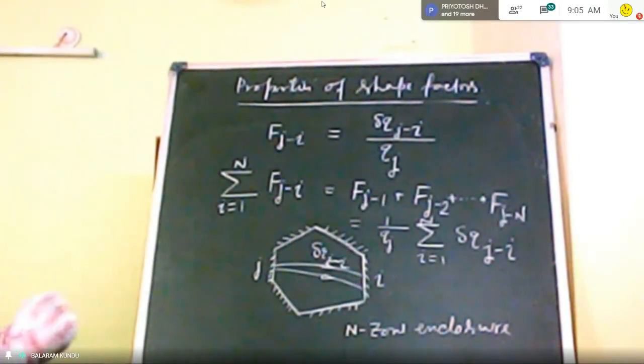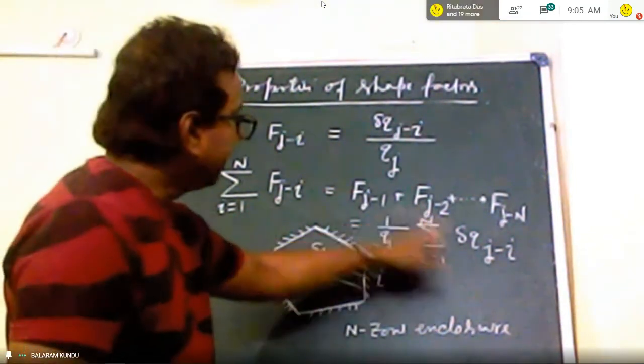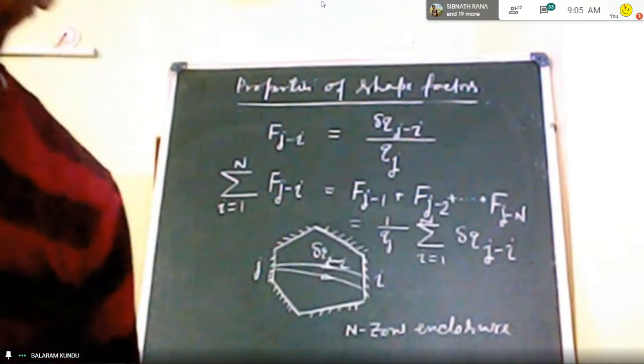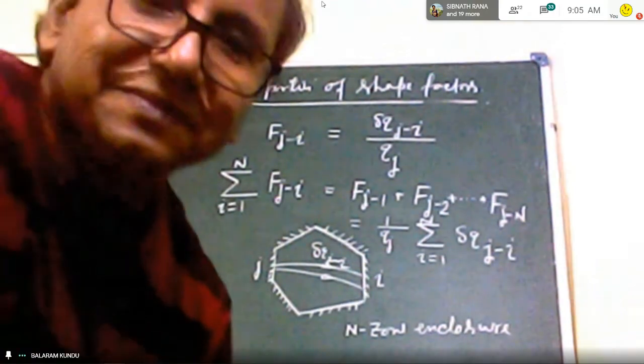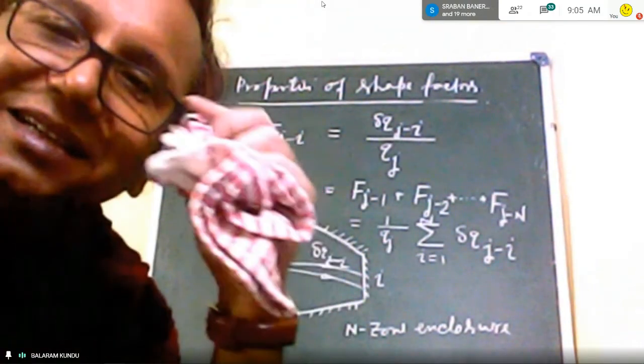Now think physically. The summation over I from 1 to n of del Q J to I is equal to, any idea?